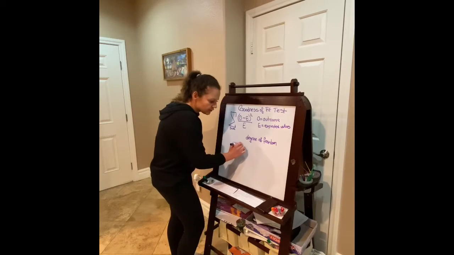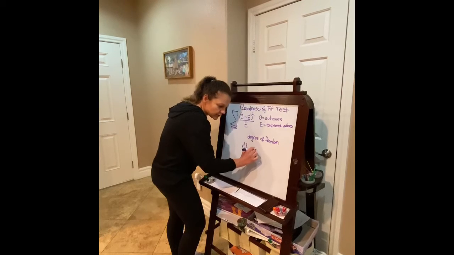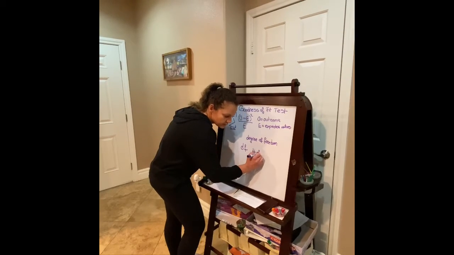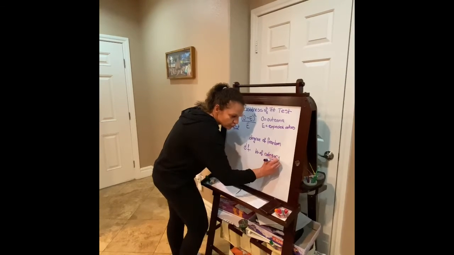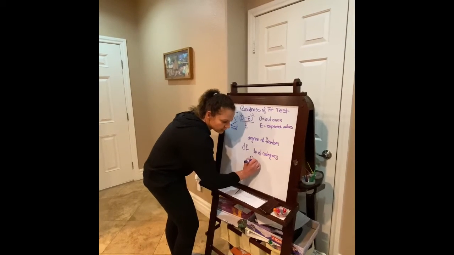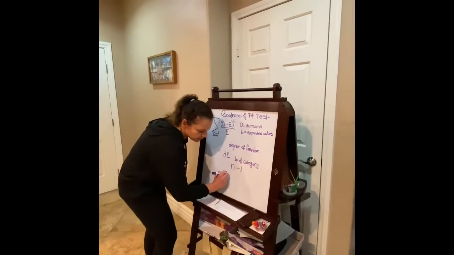To find out the degree of freedom, we're going to find out the number of categories, which we're going to say it's n minus 1. And that's going to give us the degree of freedom.